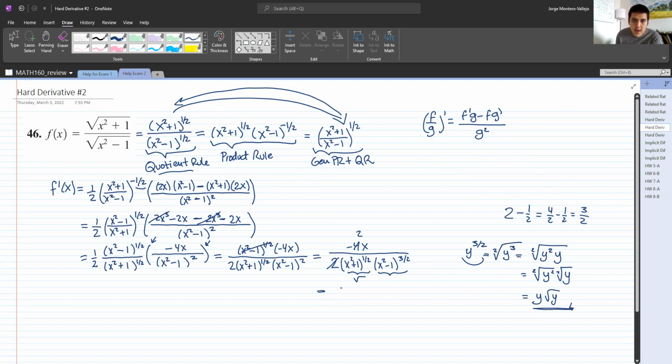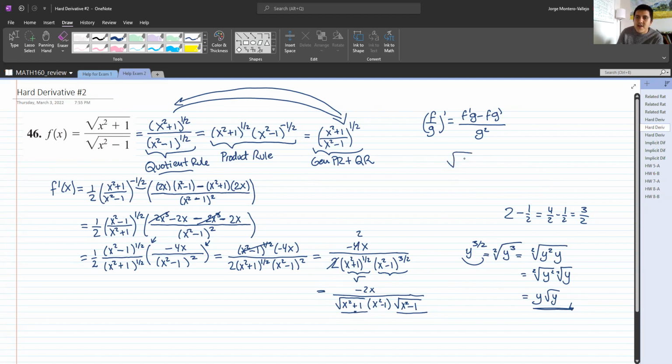Let's do that. Let's see. I have now minus 2x in the numerator, and then I no longer have these two. I can write this first one as a square root, and then I have x squared minus 1, and then again square root of x squared minus 1. Okay, now I can take these two square roots and bring them together, right?